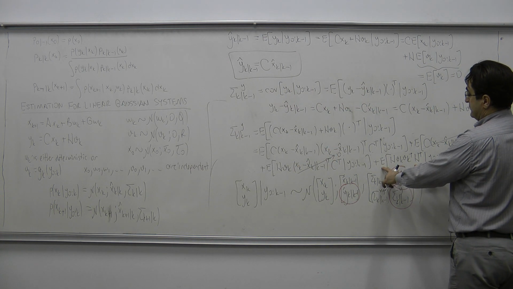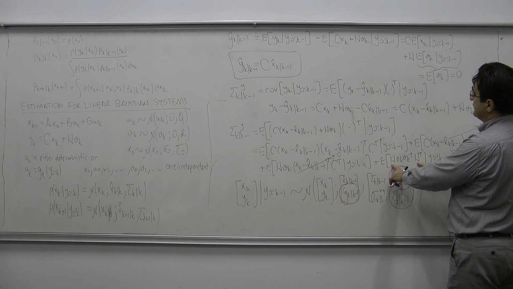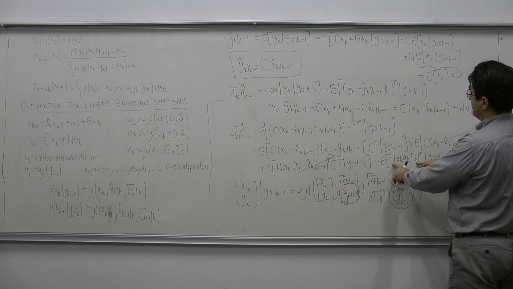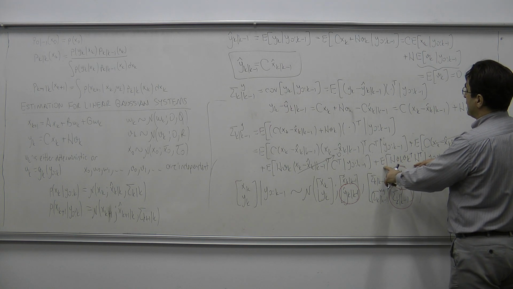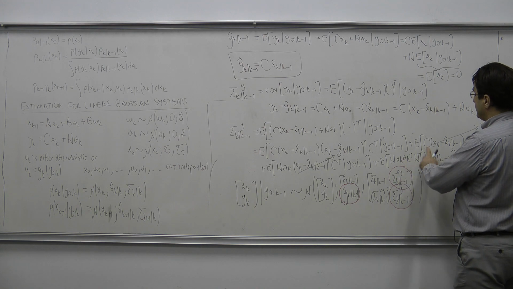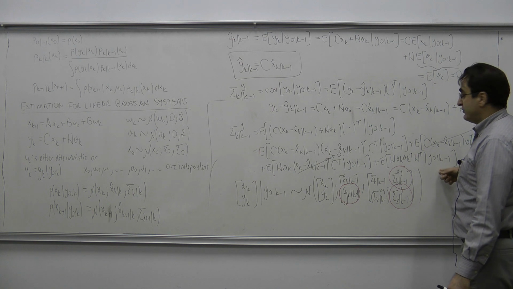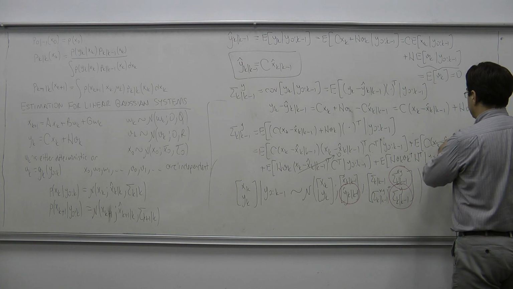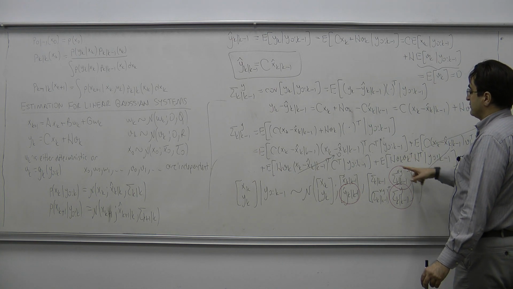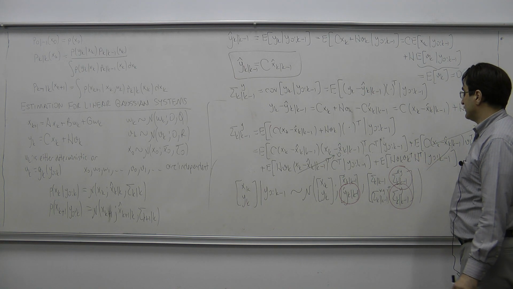And what about this? I have the expected value of H transpose here. These can go out because they are deterministic. And I need to calculate the expected value of Vk transpose given y0 to k minus 1. This given condition y0 to k minus 1 means nothing here because the only randomness is coming from Vk, and Vk is independent of y0 to k minus 1.